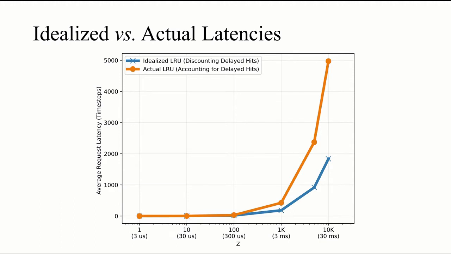We find that as z increases, the latency estimates derived from hit rate quickly diverge from their actual values. At z equals 10,000, this error exceeds 60%. So we find that delayed hits subvert expectations of traditional caching models and simulators. It also turns out that in the presence of delayed hits, optimizing for latency is a fundamentally different problem than optimizing for hit and miss rates.